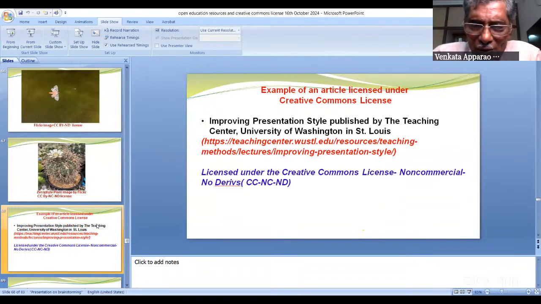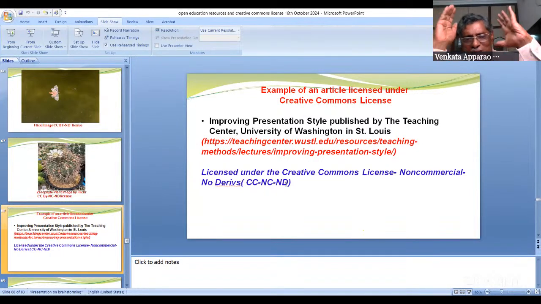It is published by the Teaching Center, University of Washington in St. Louis. The reference, the website also, is available here. It is licensed under Creative Commons license CC BY NC ND. Non-commercial, no derives.